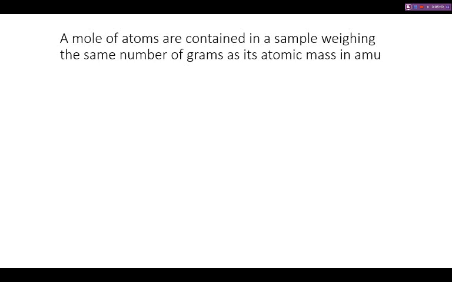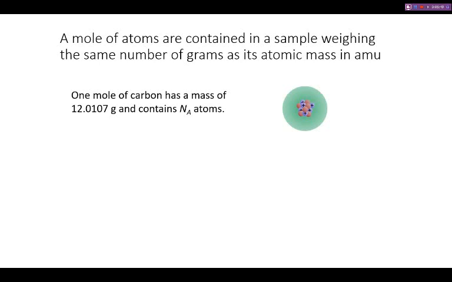And that sounds really confusing, I know. But let me explain what that means. If you have 1 mole of carbon, that weighs 12.0107 grams, and it contains Avogadro's number, 6.022 times 10 to the 23 atoms.